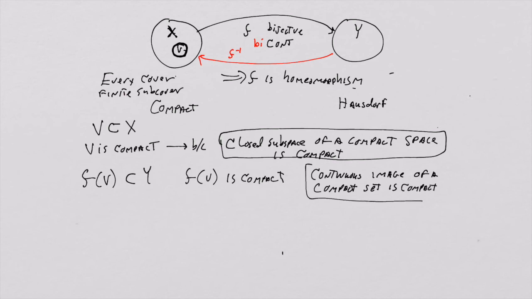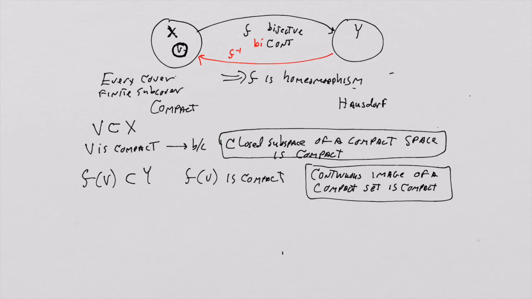That's another topological rule. If I have a continuous map and a compact set, the image of that compact set will also be compact in Y. The continuity is strong enough to guarantee it. Homeomorphisms make sure that everything in X is the same in Y, but continuity will preserve some things, and one thing it preserves is the compactness of sets. Again, that's a topological proof you could look up, but it's a simple one. So now I know that F of V is compact.